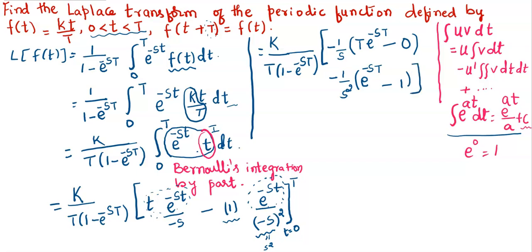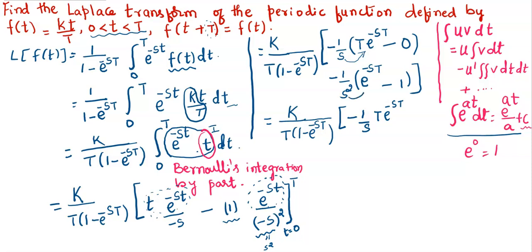Now let me simplify this. The Laplace transform of this function is k divided by capital T into 1 minus e to the power of minus s into capital T, into, let me multiply this. 0 into anything is 0, so we are multiplying only to this term, that is 1 by s into T into e to the power of minus s into T. Let me take the next term.